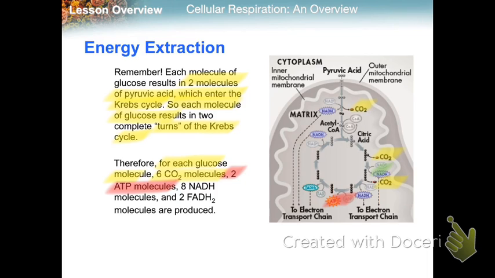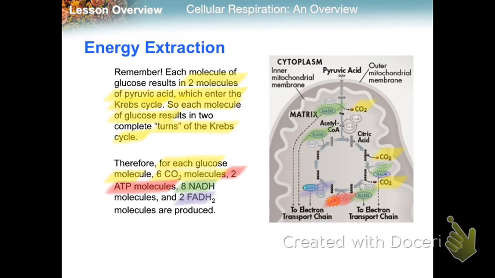So there's some here, here, here, and here. So that's 8 of those. And then 2 FADH2 molecules are produced.